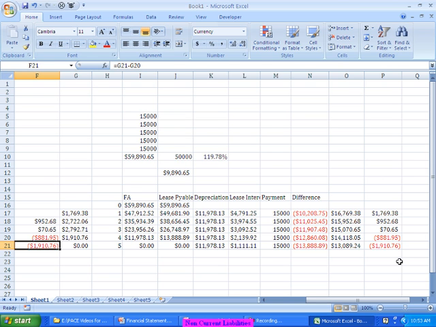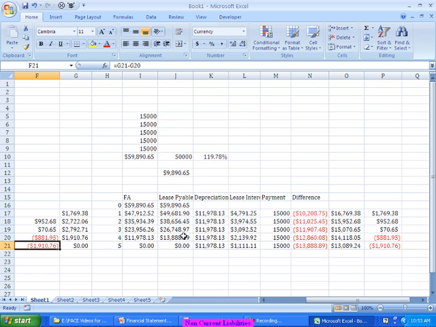So simple scenarios are, in case of leases, the entries on the first year at the time of leasing: both the assets as well as the lease payable, which is the liabilities, are getting increased by the same amount, which is the present value of the future payment.